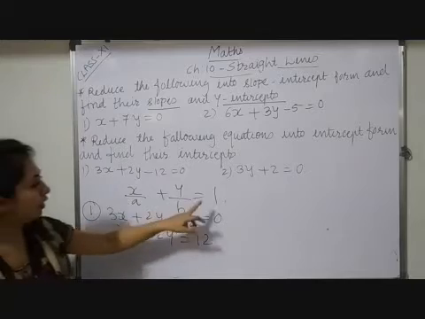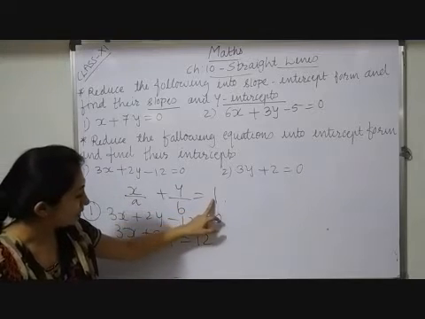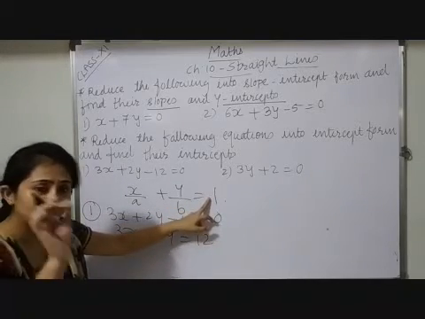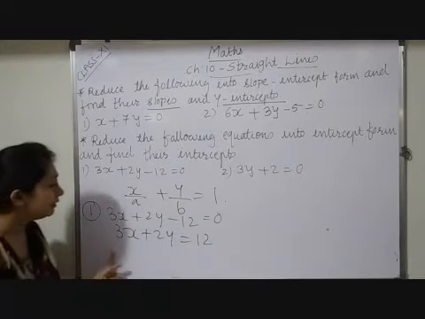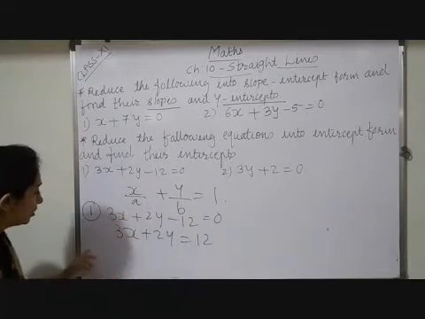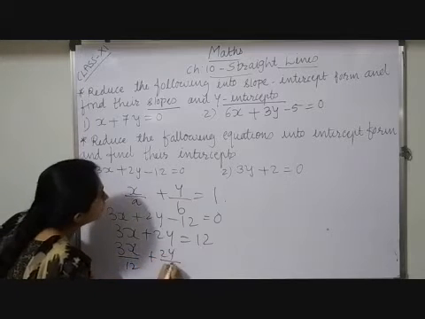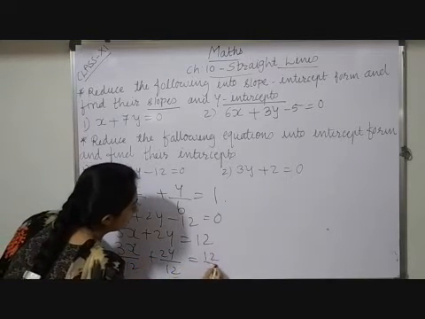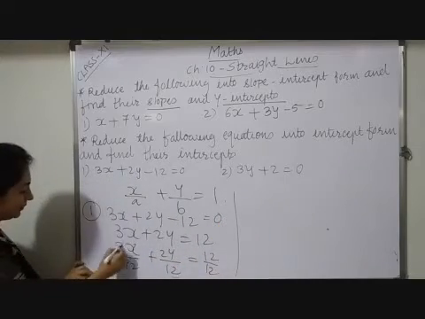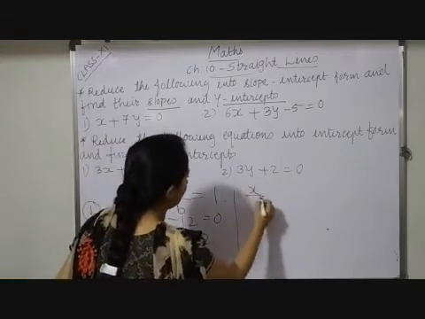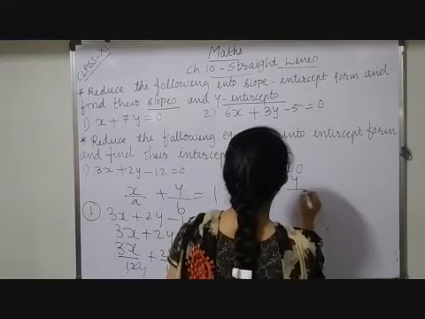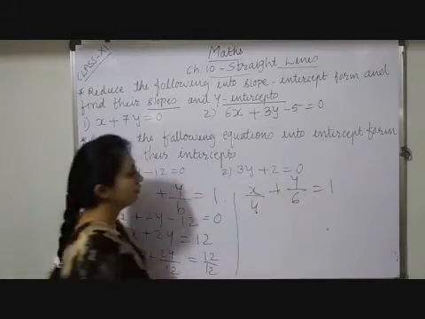Now here I want 1 in place of the constant. All the time I just want 1 here. So what should I do? Divide both sides by 12. If I divide, here I will get 3x/12 + 2y/12 = 12/12. So you will get x/4 + y/6 = 1.